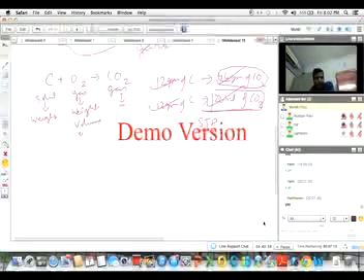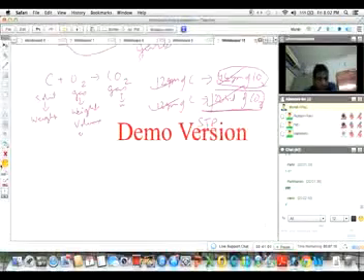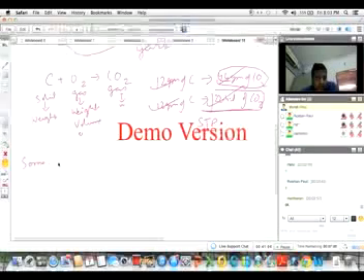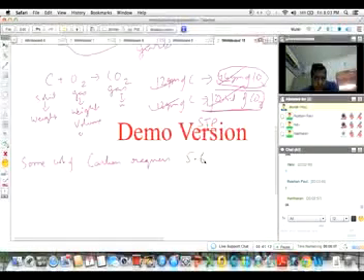So now if you guys are getting it, I'll give you some questions based on this. So let's write down: some weight of carbon requires 5.6 liters of oxygen for complete combustion.